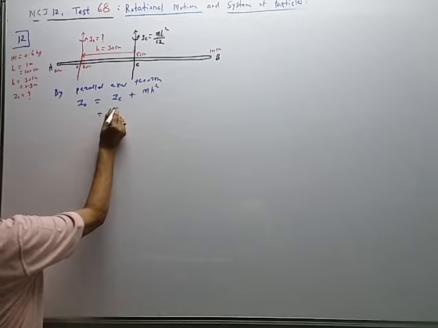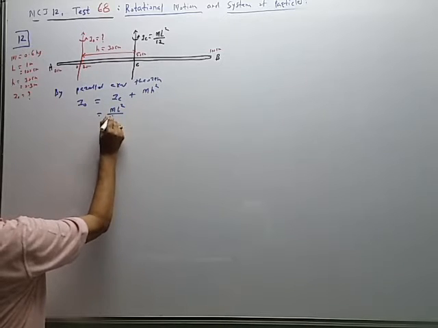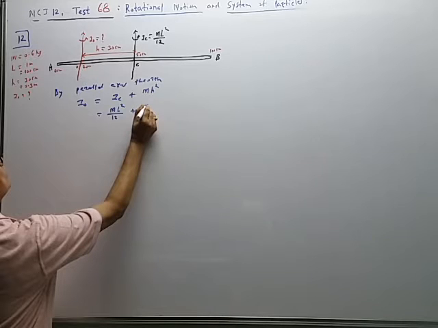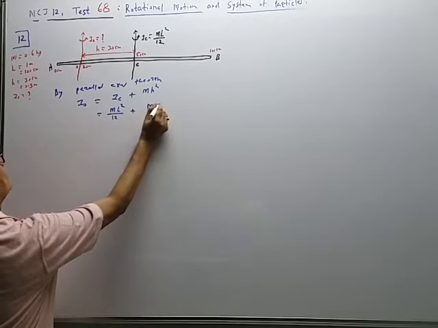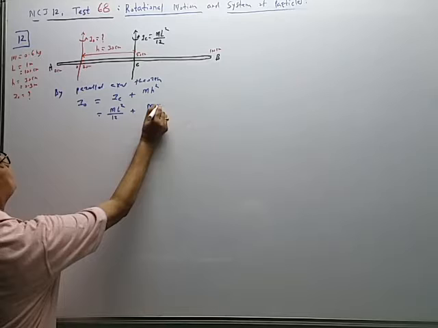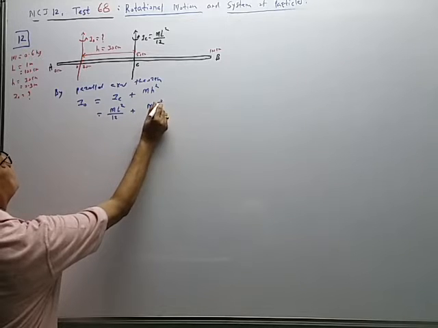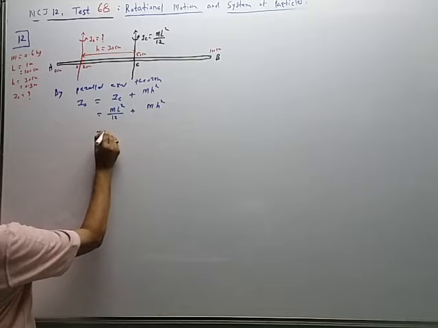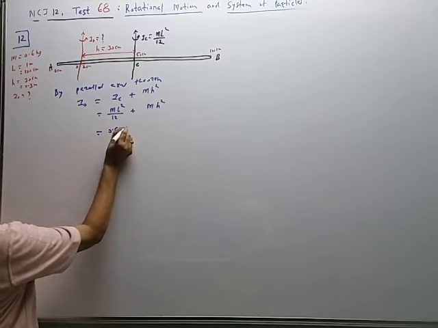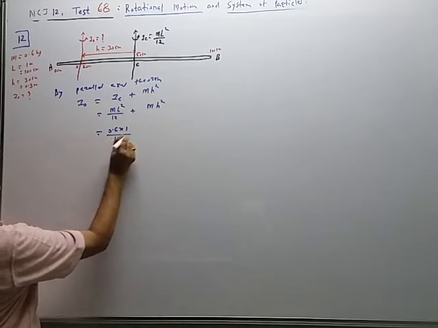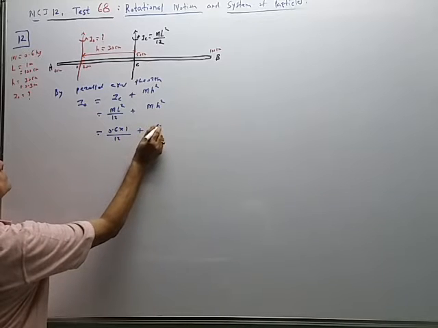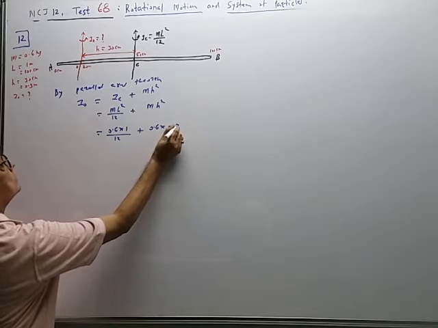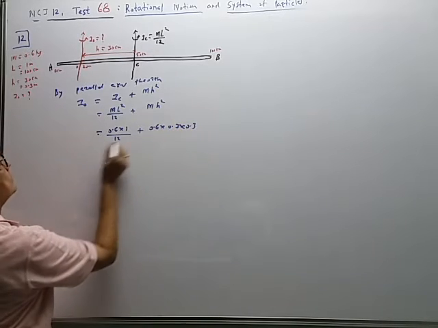So IC is equal to ML square by 12, plus M H square, like this. So substitute the values. M is equal to 0.6 multiplied by 1 upon 12, plus 0.6 multiplied by 0.3 multiplied by 0.3.